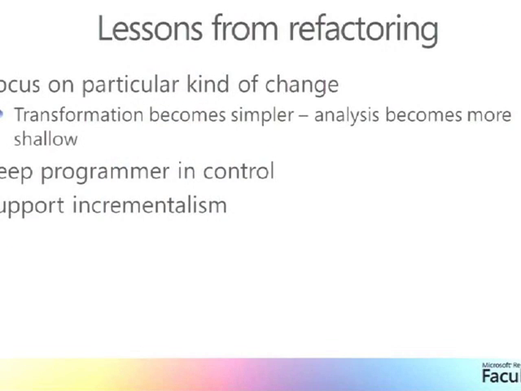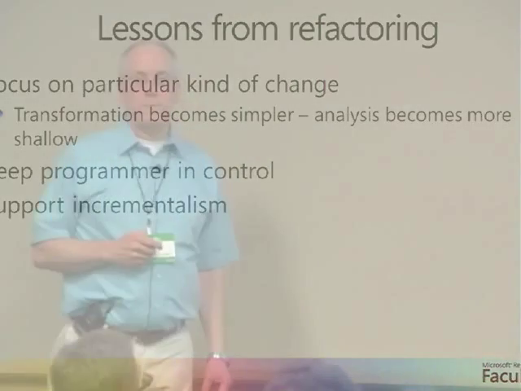And one of the things that's important from refactoring is if we focus on a particular kind of change we want to make, we can understand it, we can make tools for it. Traditional refactoring is probably only 2% or 3% of the kind of changes we make. It's a pretty small percentage, but because we can understand it and make that much easier, it makes the overall programmer's life easier. It's important to keep the programmer in control.